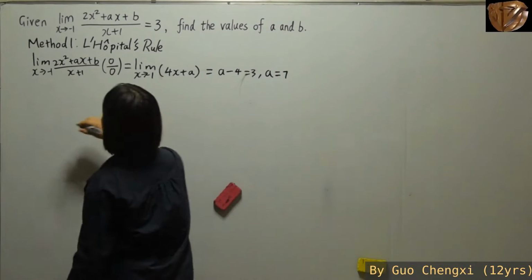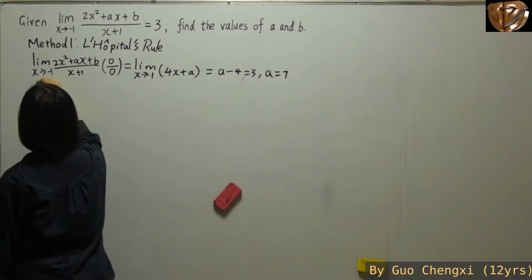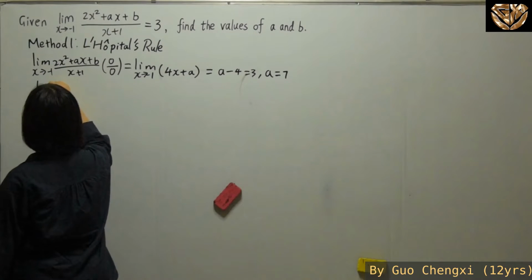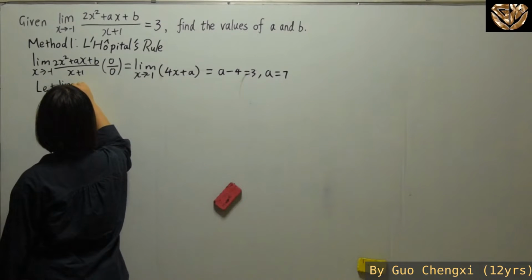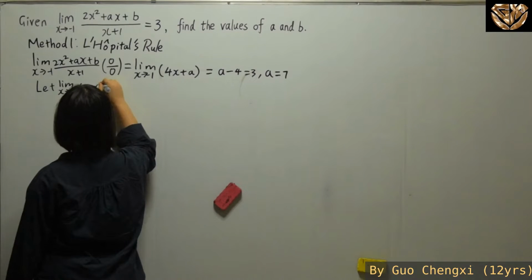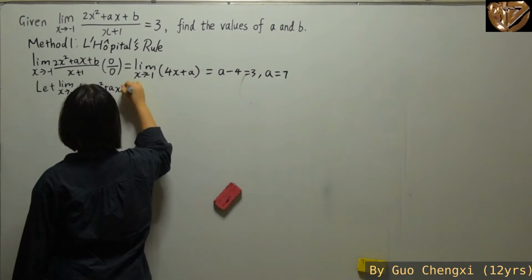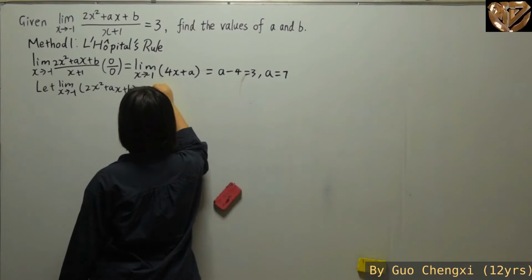Because of this 0 over 0 scenario, the numerator is supposed to be equal to 0. So we let the limit as x approaches -1 of 2x squared plus ax plus b be equal to 0.